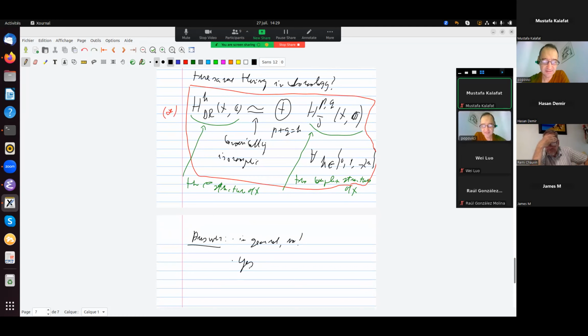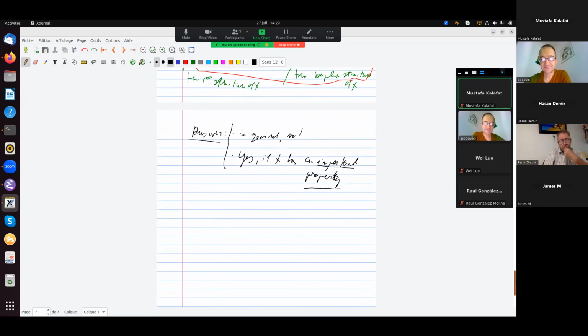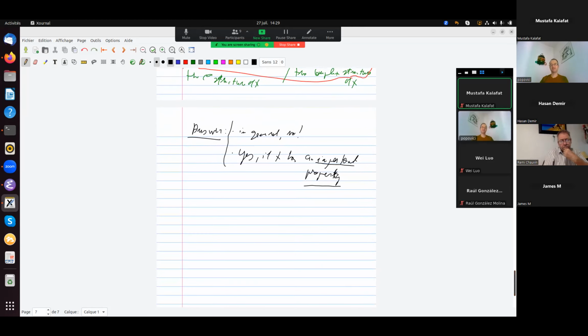It is yes if X has an important property. It's not if and only if. It only goes one way. If X has a certain property, then the answer is yes.